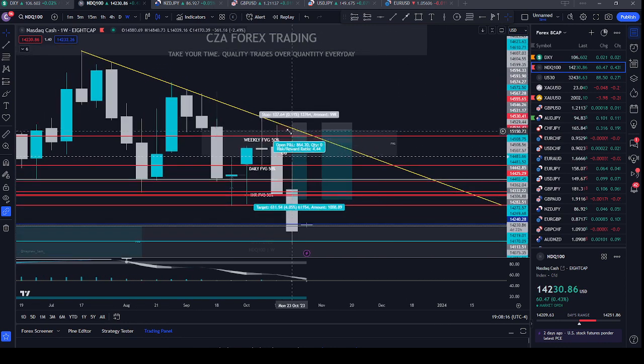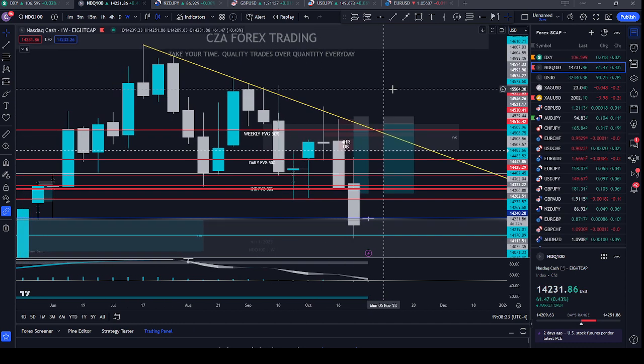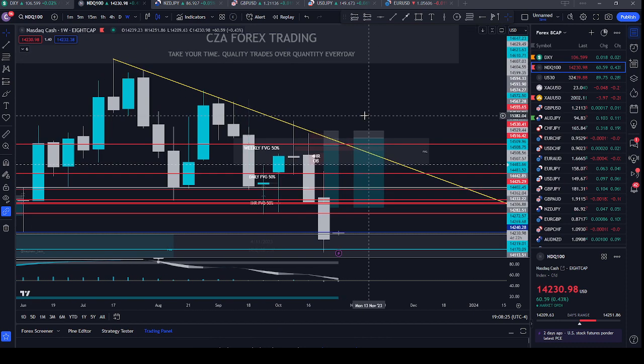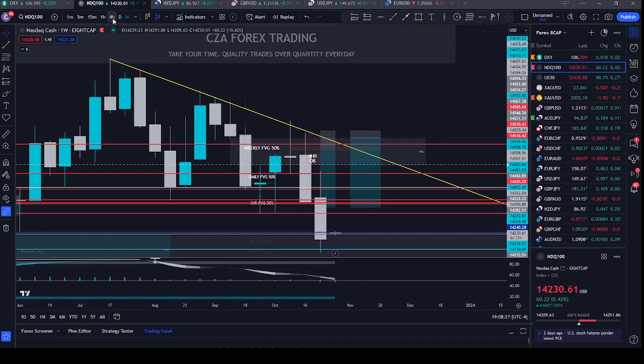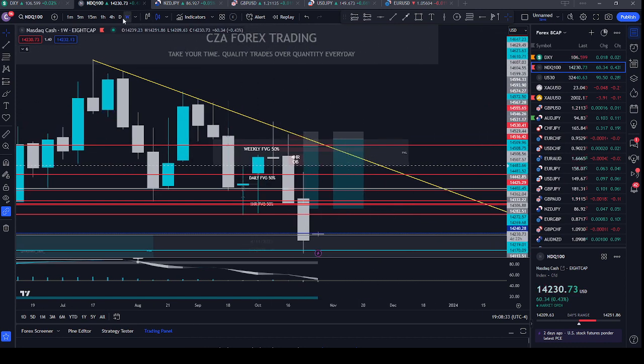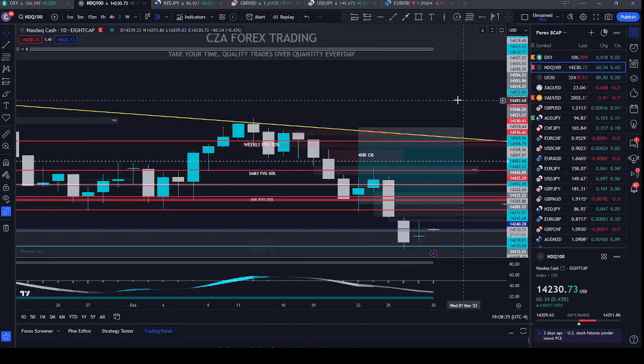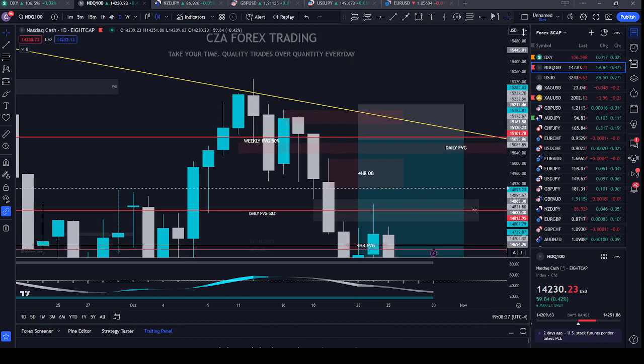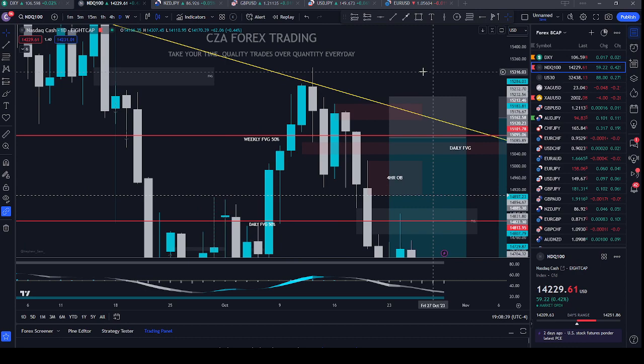There was some crazy movement right there. I'm gonna remove these. I identified these as points of interest as well, that was on the daily. Let's look at that real quick. Has that been mitigated?